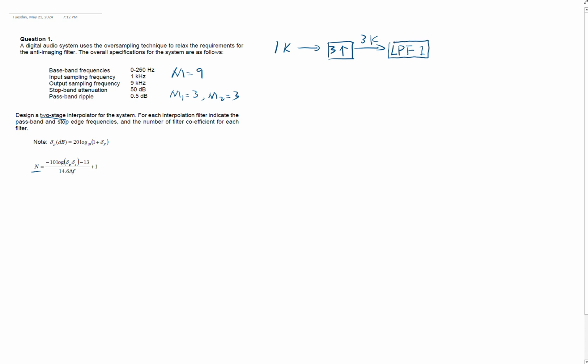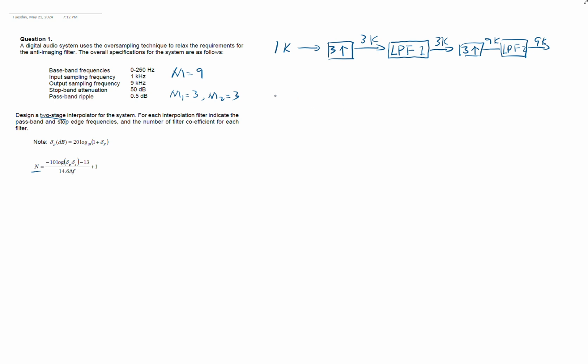We need an anti-image filter, and after that it is still 3K, and we need another 3-times upsampling and low pass filter number 2. Then it becomes 9K, and this is 9K as well. So this is the whole process. We're going to design these two filters.